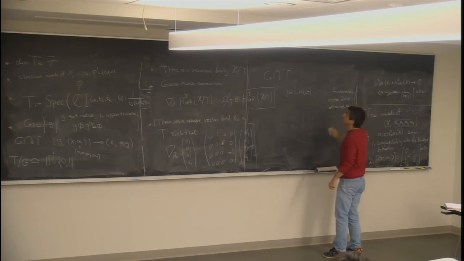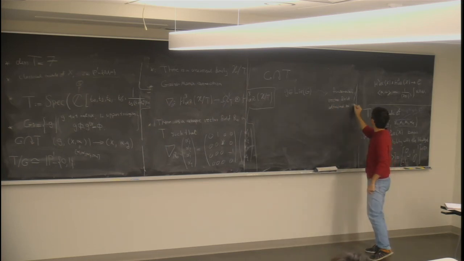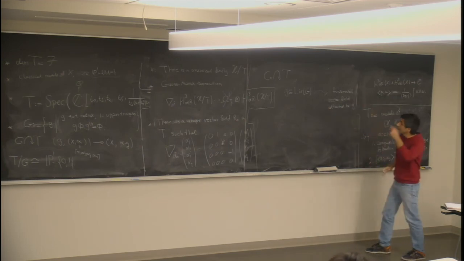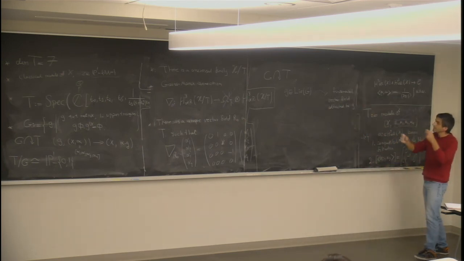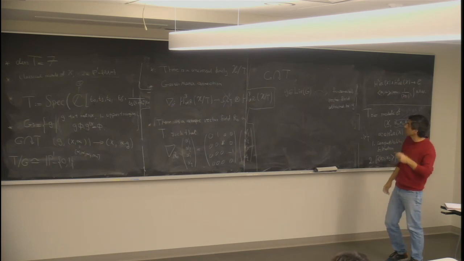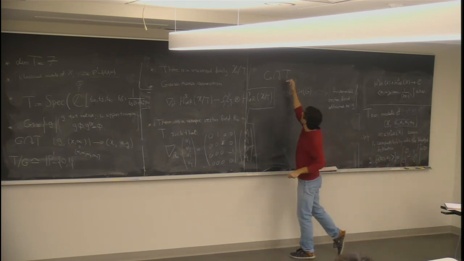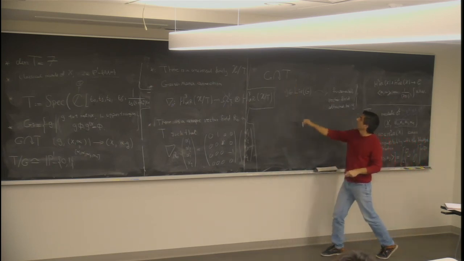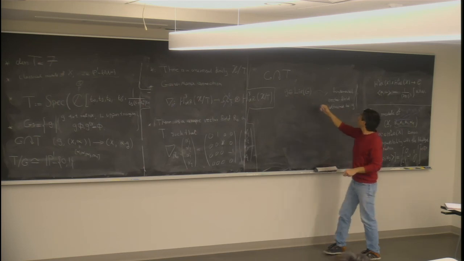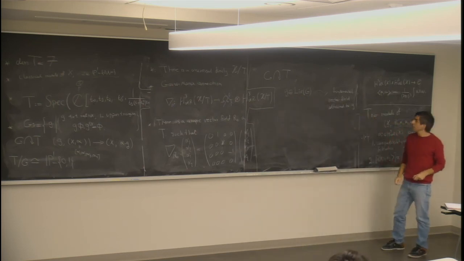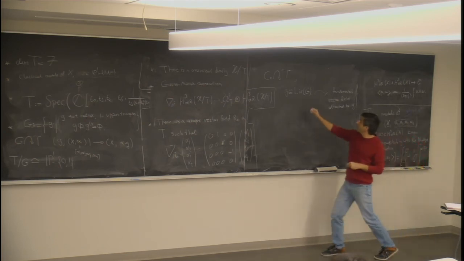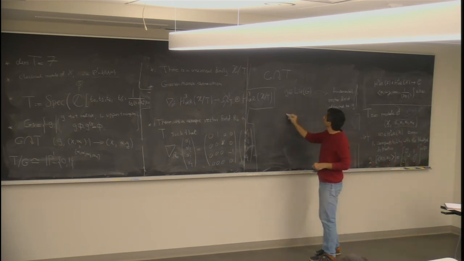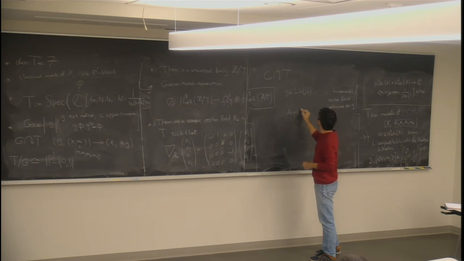So you choose 6 generators of this Lie G, and when you compute the corresponding fundamental vector fields, you land at R1, R2, up to R6. These are the vector fields that I was writing.